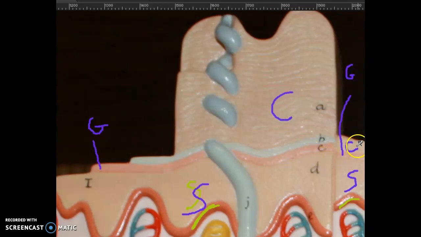The difference between the epidermis of the armpit and the epidermis of the sole of the foot is we have this clear layer, which is the stratum lucidum. Lucid means clear. So it has an extra layer. So A, corneum, B, lucidum, C, granulosum, D, spinosum, E, basale.